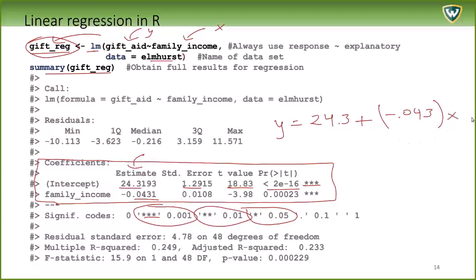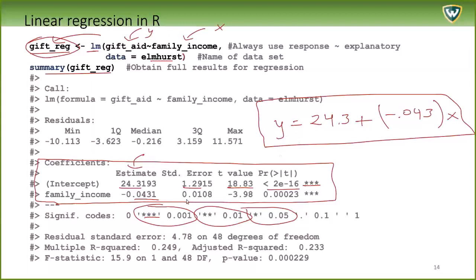So y is gift aid, and x is family income. So we identified the regression equation here. The slope is negative 0.043, so every unit change in X will remove 0.043 in Y.